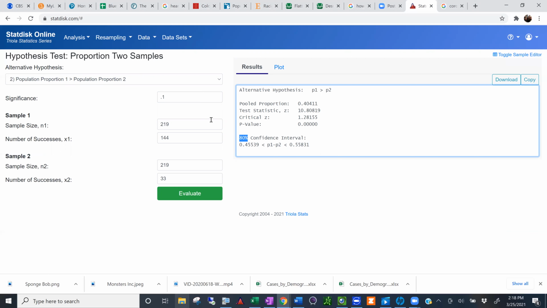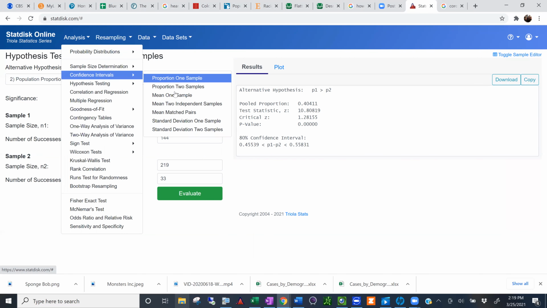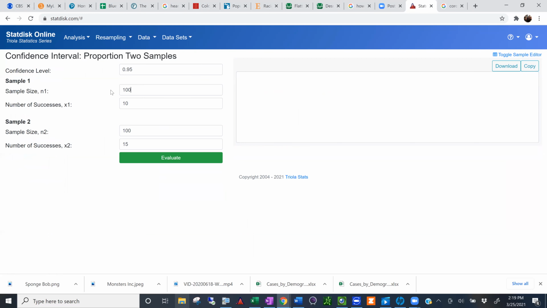Let me actually get a confidence interval for P1 minus P2. So I'm going to do that from this menu. Proportion two samples. I had 219 here, 145 here, 219 here, and 33 here.